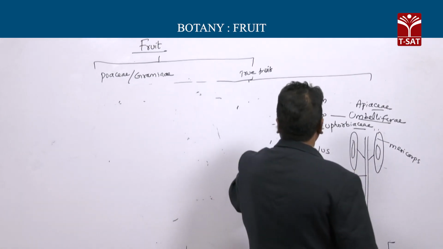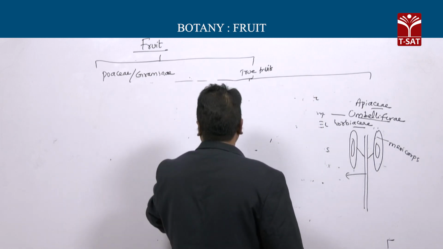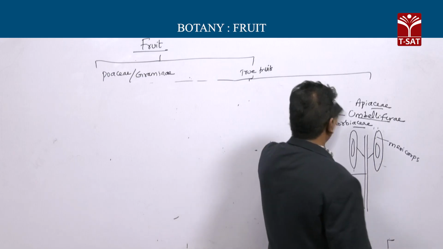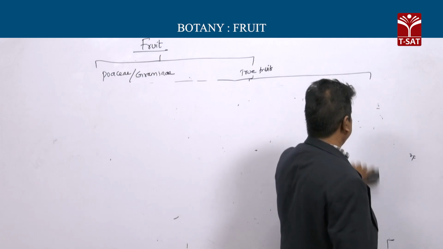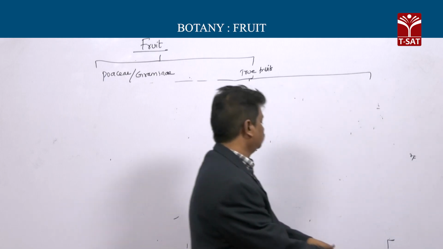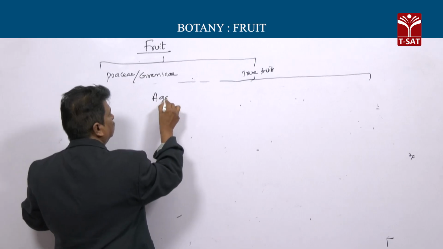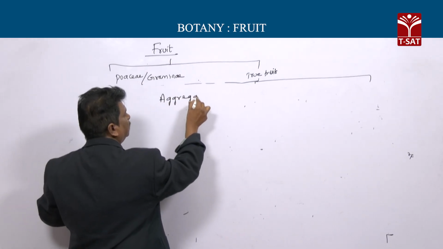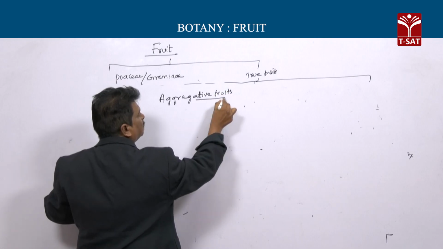Next, the second type of fruit is called aggregative fruits. Aggregative fruits develop from a multicarpellary but apocarpous pistil.